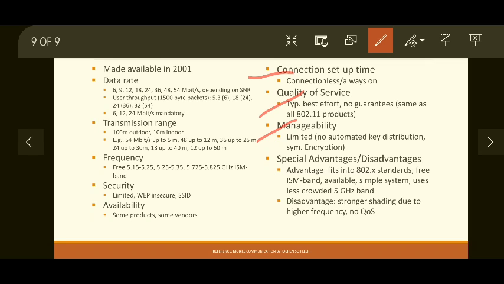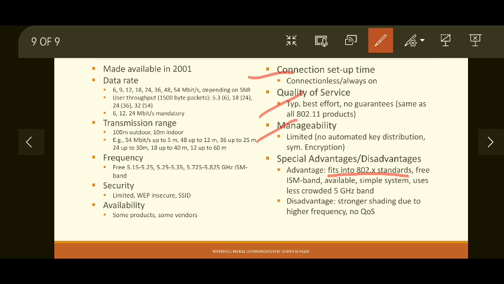Now advantages and disadvantages. The advantage is that it fits into the 802.X standards. That means not only the wireless standards but also wired standards fit well with this 802.11a standard.